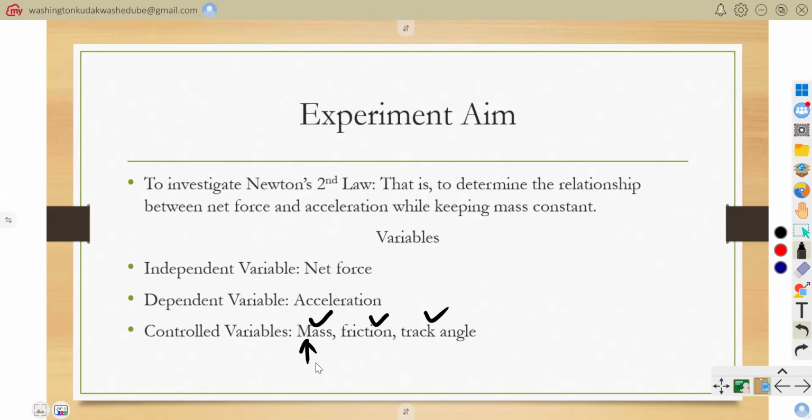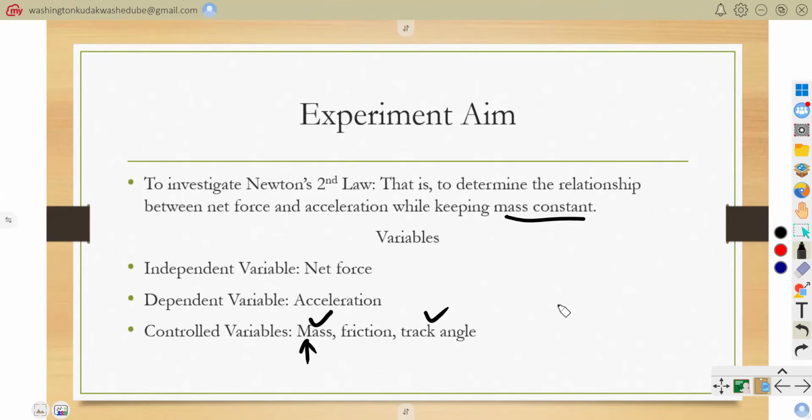We are going to keep our mass constant, using the same mass throughout the experiment. Then we are going to use the same surface so that we keep our friction constant. The same surface will have the same coefficient of friction, or the same frictional force.